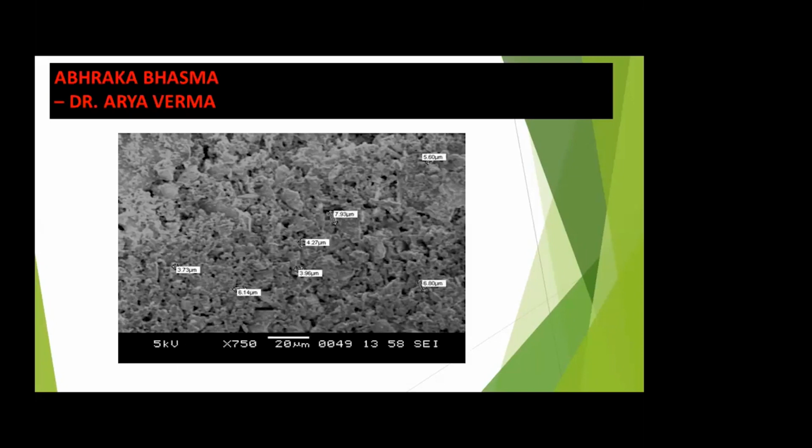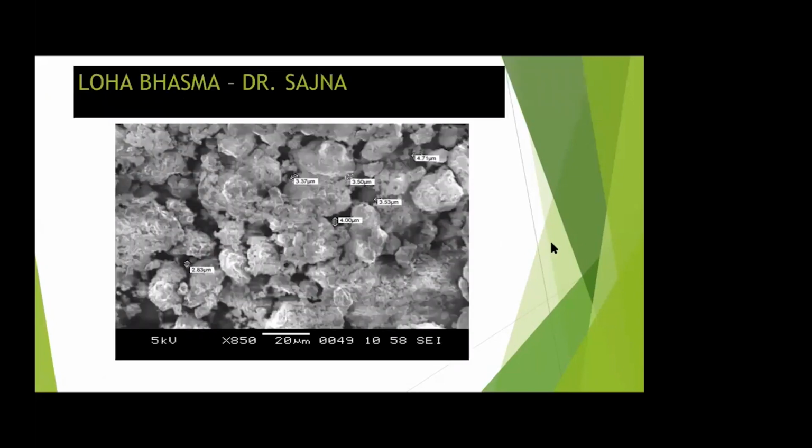You can see the particles of 5.6 microns, 7.93 microns here. This is a Loha Bhasma sample by Dr. Sajna at a magnification of just 850x. We could characterize microparticles here, 2.83 microns, 4.71 microns, etc.